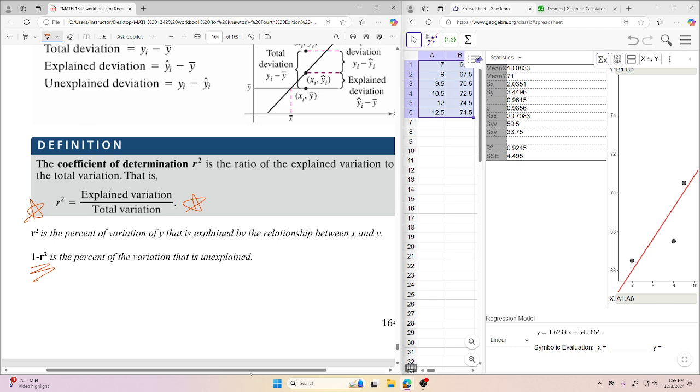So what is r squared? It's the percentage of explained variation. But like, Chad, you already talked about how r was the percentage of good fit and stuff like that. Yeah, I lied to you. But it worked, didn't it? So the main thing that they're going to talk about is explained, and there's another phrase that we're going to have.